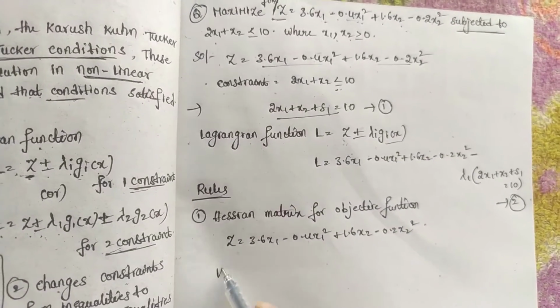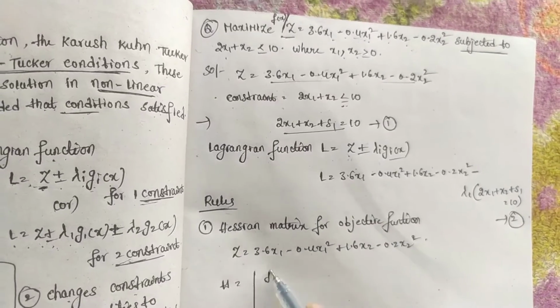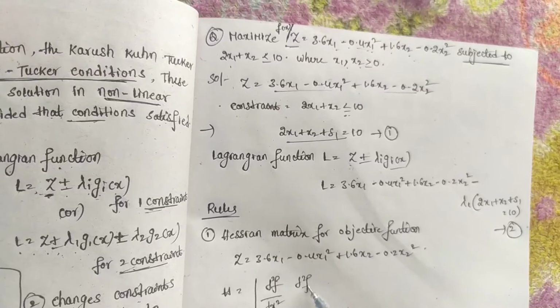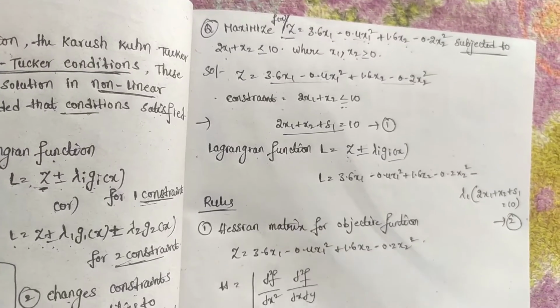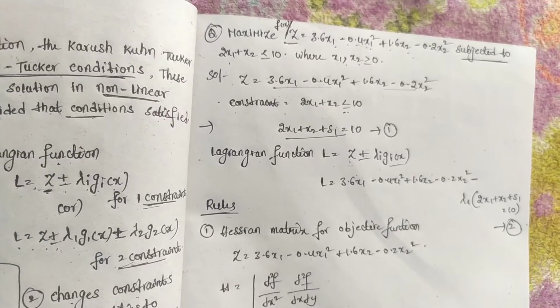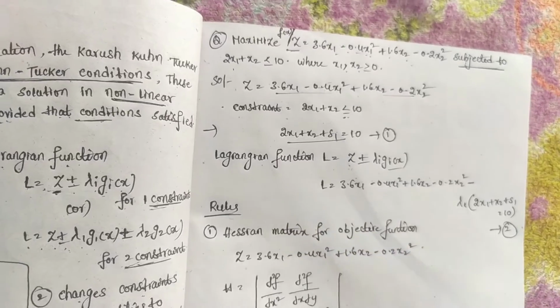Here the Hessian matrix equals dou square f by dou x1 square, dou square f by dou x1 dou x2, dou square f by dou x2 dou x1, dou square f by dou x2 square.